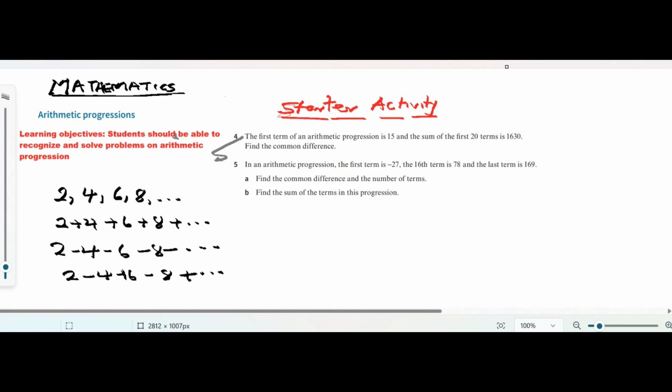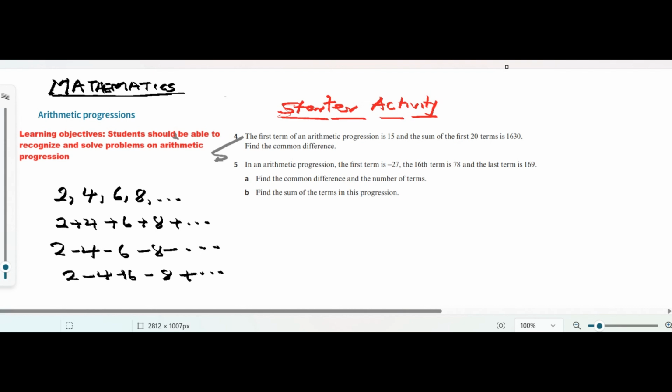Some series or sequence have a common difference, like the example I have here. Any sequence with a common difference in the first difference is called a linear sequence, or arithmetic progression.